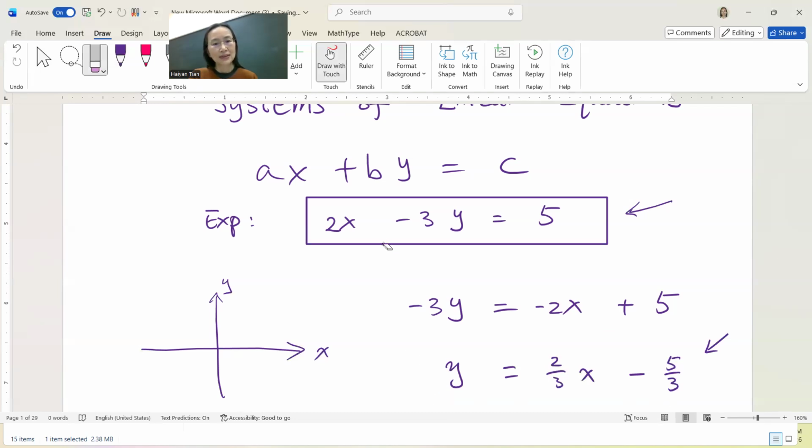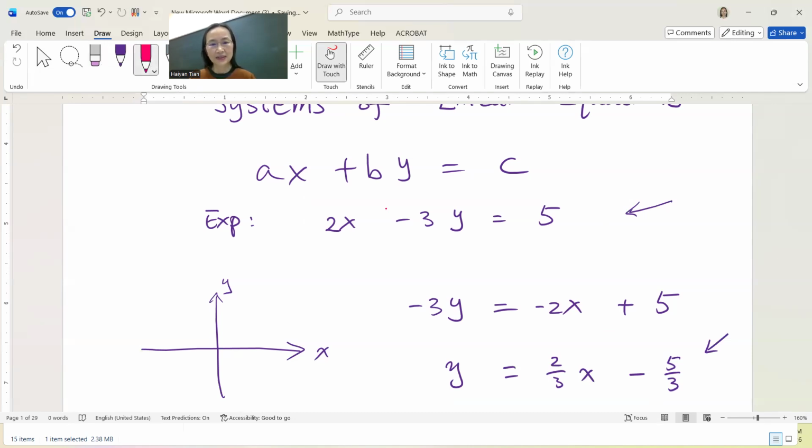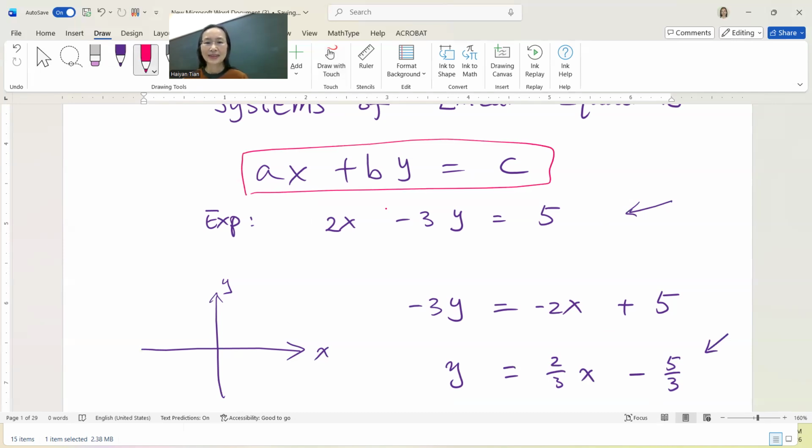In that case, the equation is still in that form. Think what could be the equation of a vertical line. It's x equals something, right? In this form, that's the equation of a vertical line. In that case, your y has a coefficient 0. There's no slope, right? So x equals a certain constant.